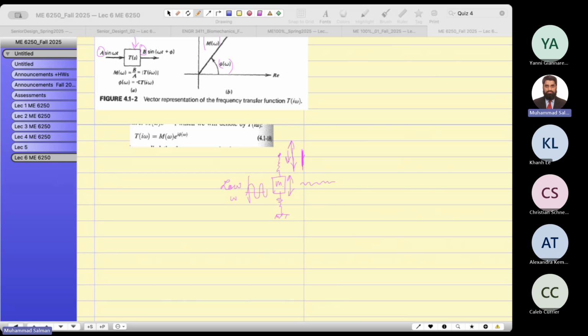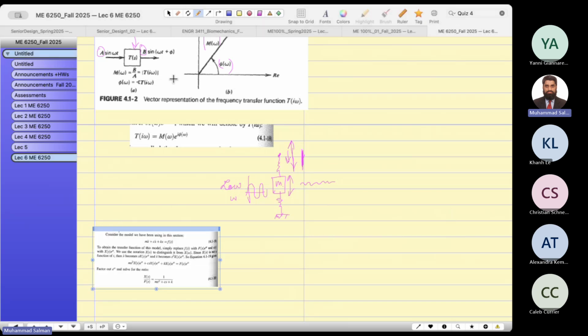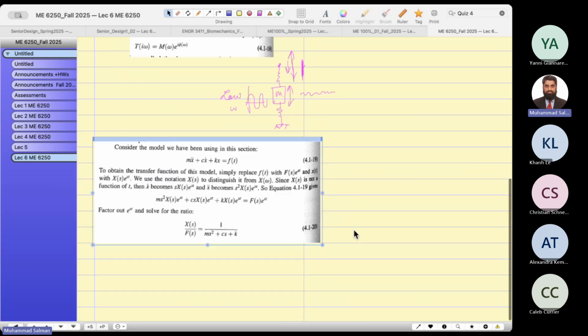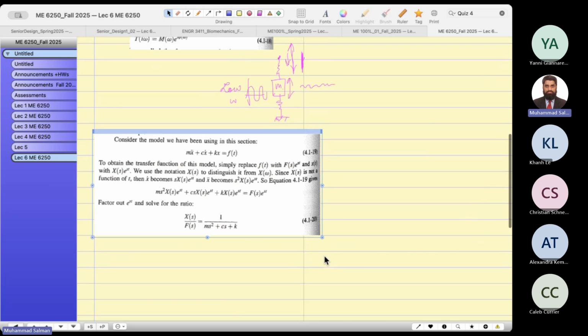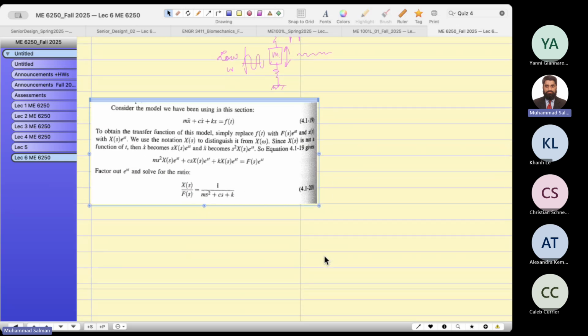So now we have to take one example of the mass spring damper system. I have shown it many times, so I'm going to skip the free body diagram, but you have to assume that this is a mass spring damper system, and we will replace the displacement by this. So this can be written as this.